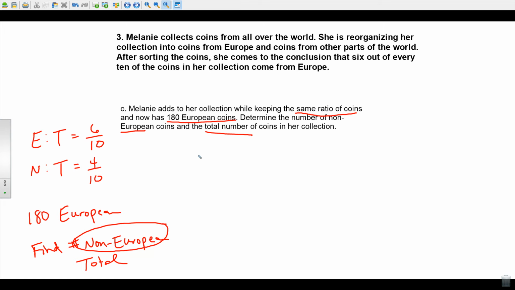We know that she has 180 European coins. We're trying to find the non-European, so we actually need another ratio that compares European to non-European. European to non-European was 6 to 4. So we're going to use that ratio, 6 to 4. That has to equal the ratio with 180 European coins.